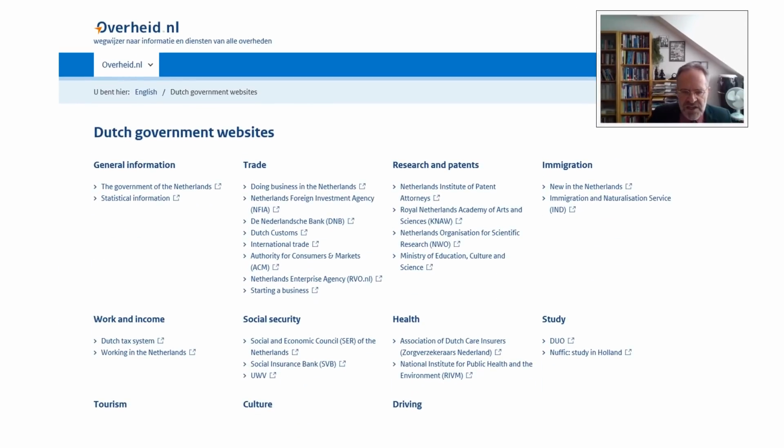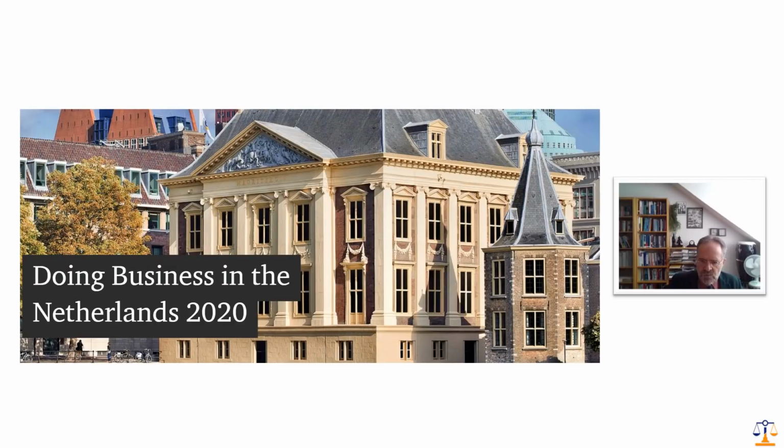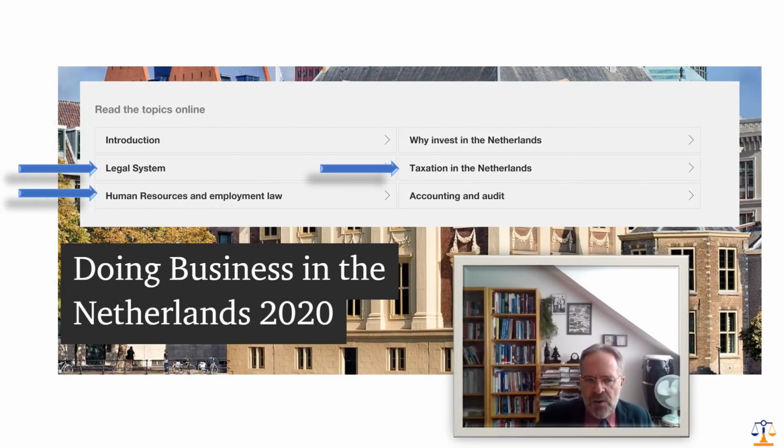Governments have websites, the Dutch government also has it, and even in English, where you can find information about the regulatory environment. We know from the first lecture that there are brilliant reports available from consultancy companies. This is from PricewaterhouseCoopers, now called PwC. And when you look at the structure of the report, you see what we are looking into.